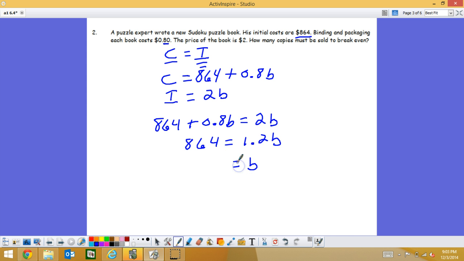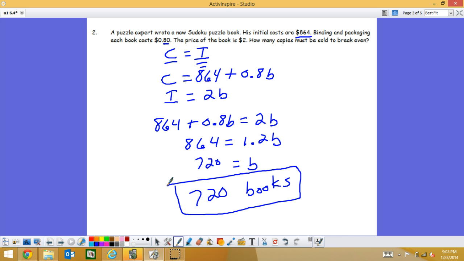And then to divide 864 by 1.2, we get 720. So this puzzle expert needs to sell 720 puzzle books to break even, in order for his costs to equal his income.